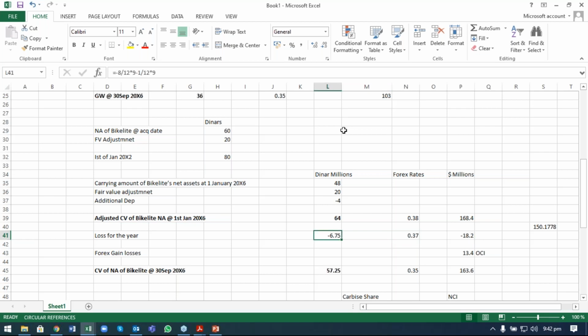If you have a confusion, let's see: 8 million loss is for the whole year, but the subsidiary was not retained by the parent company for the whole year. The parent company has retained this subsidiary only for 9 months. So the profit share that can be consolidated in group accounts is only for the 9 months, and in the same way loss should only be shared for the 9 months, right? So I have taken the loss share for 9 months.